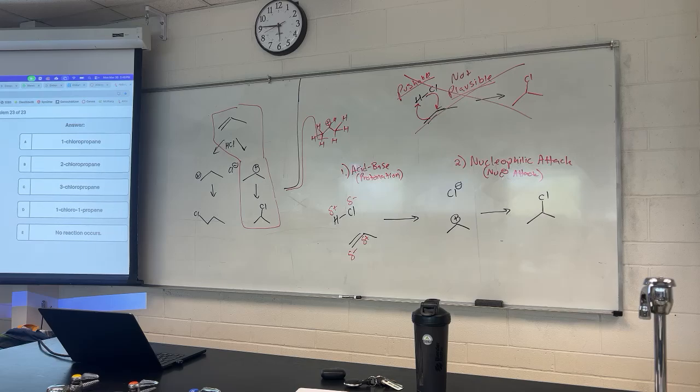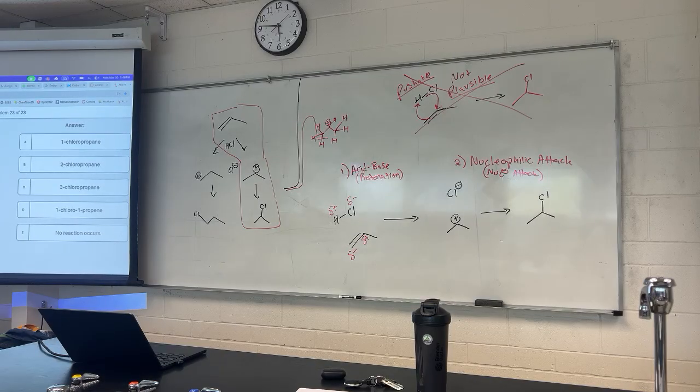To hydrogen or to chlorine? Those are the only options. Right, so let's draw that arrow. The HCl bond breaks to Cl. Like that? Perfect.